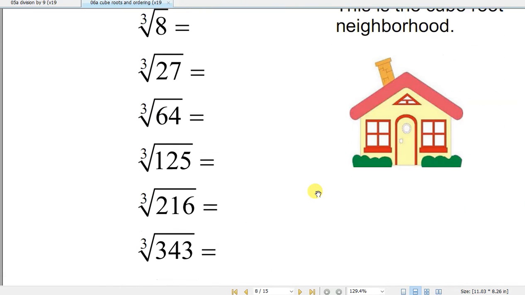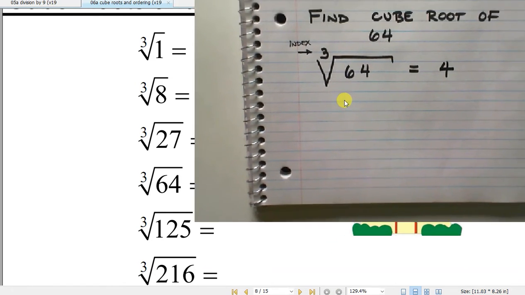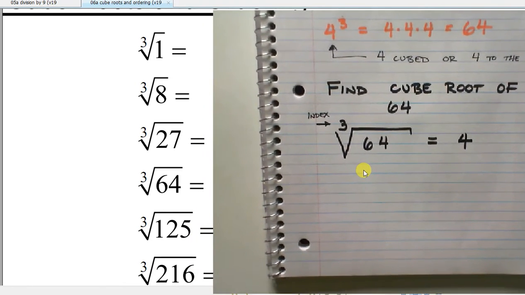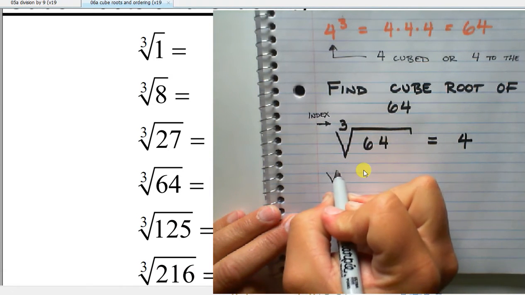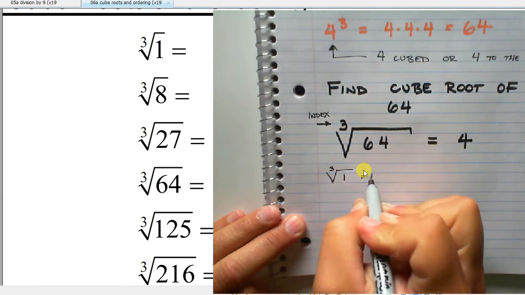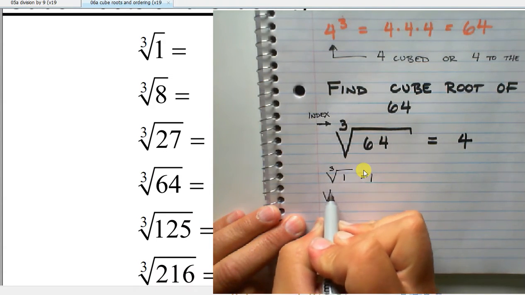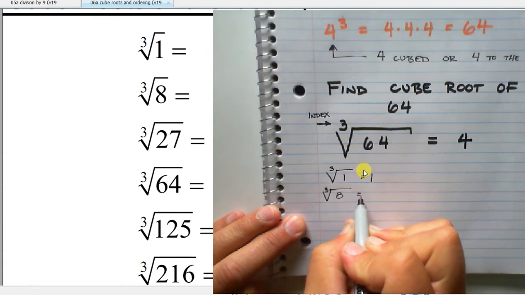So here are a bunch of other really popular cube roots. Let's get all of these into our notes also. The cube root of 1 is 1. The cube root of 8 is 2.